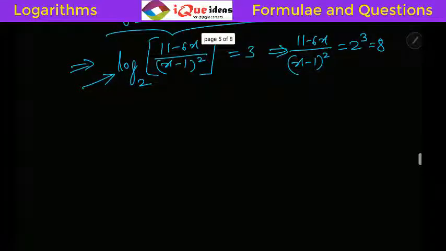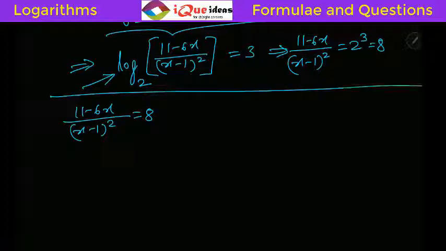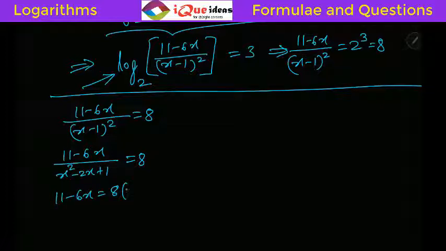Right? So now we have to solve this equation and find the answer. I'll write the equation here again. It is 11 minus 6x upon x minus 1 whole square equal to 8. Right? Now simplify this. So from here we see that x minus 1 whole square is x square minus 2x plus 1, and that is equal to 8. Cross multiply, it will give us 11 minus 6x equal to 8 into x square minus 2x plus 1.